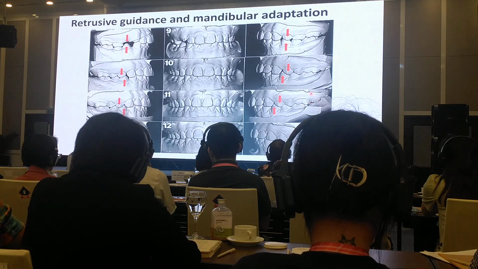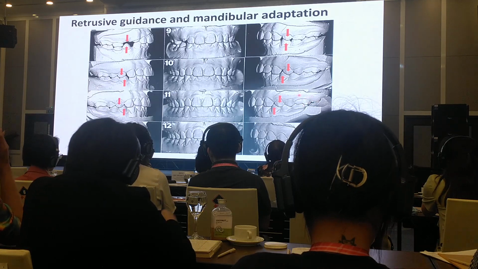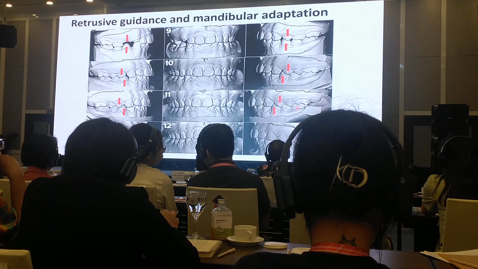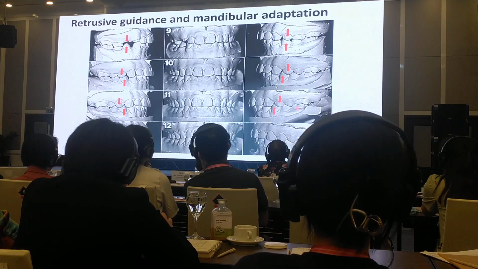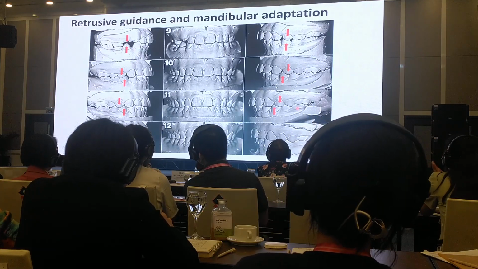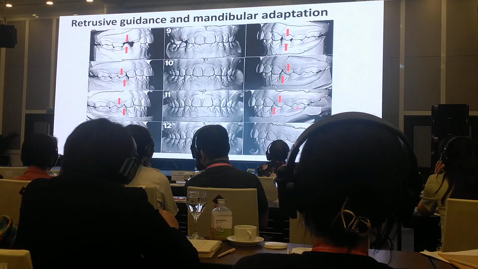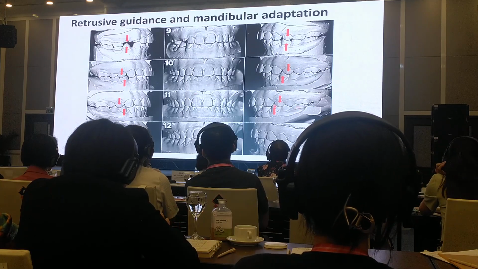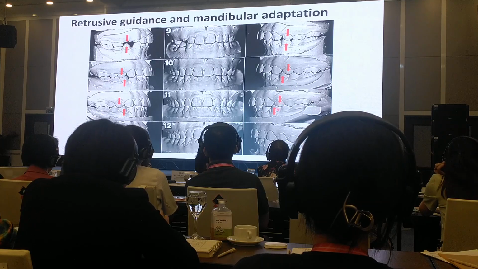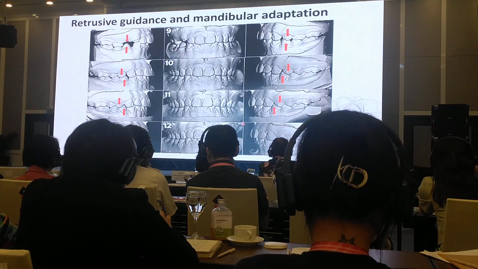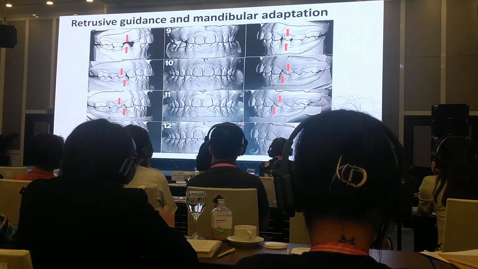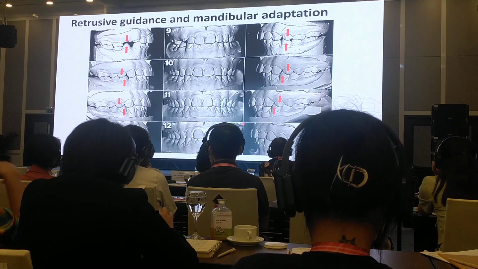If this vertical dimension increases, the bite has a slightly open tendency, but then the mandible adapts more forward. Then the premolar and molar have a very important task: to guide the mandible more forward.